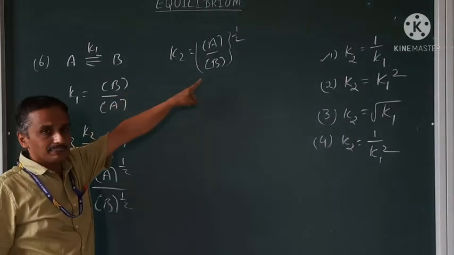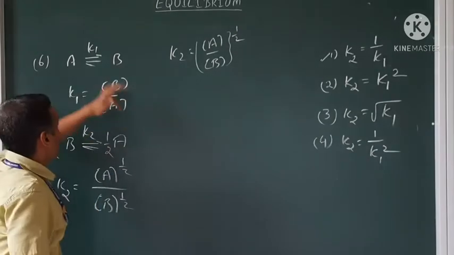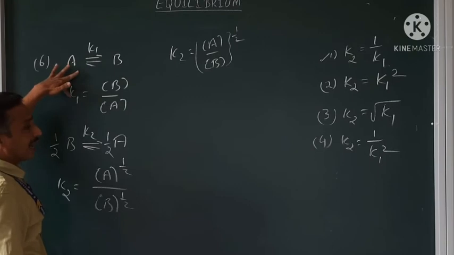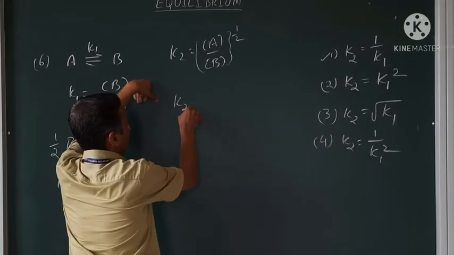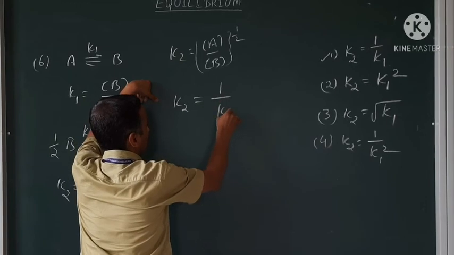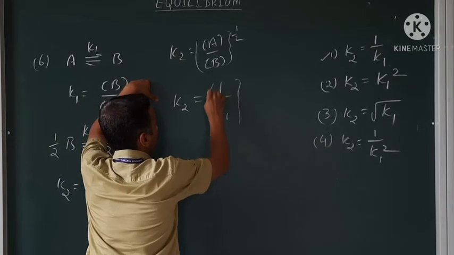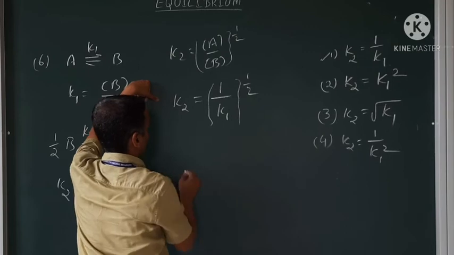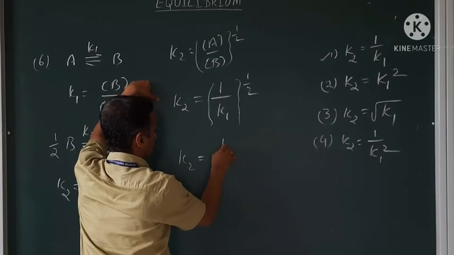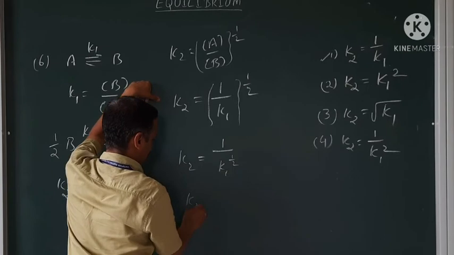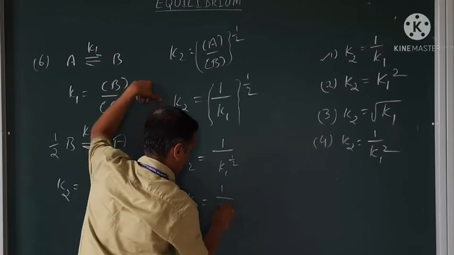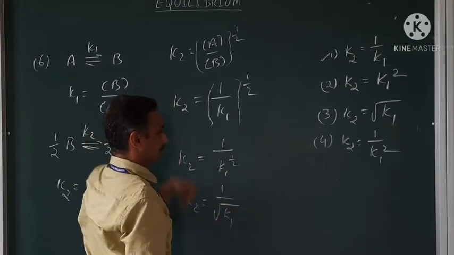And A by B will be obtained when I make the reciprocal of K1. So K2 is equal to 1 over K1 to the power half, or K2 is equal to 1 over square root of K1.